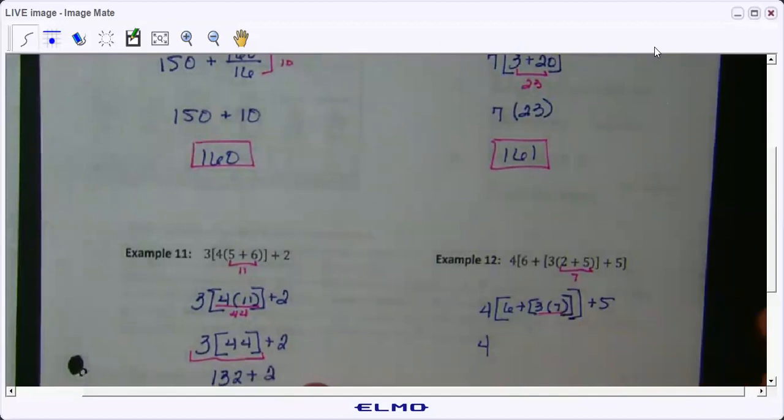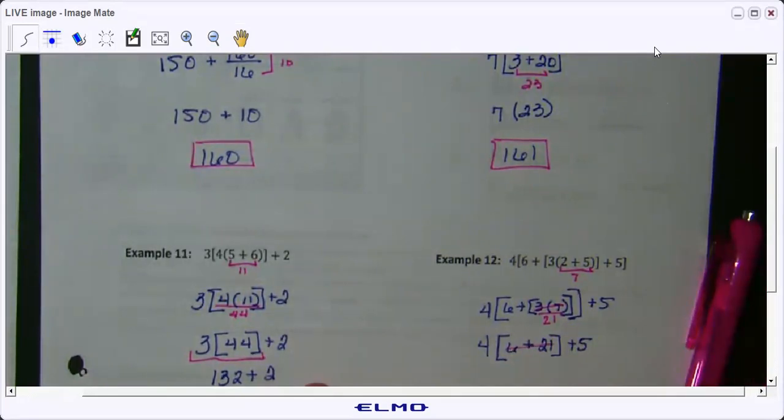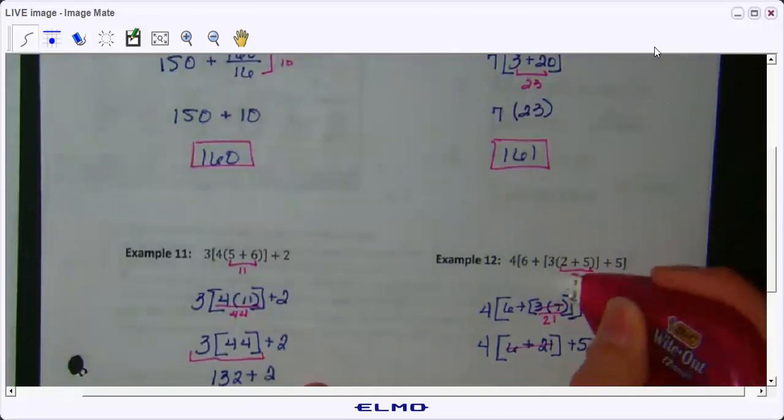All right, so we're gonna do 3 times 7, which is 21. That replaces 3 times 7 with 21. Then we can add 6 plus 21. And actually, my bracket is in the wrong place here.